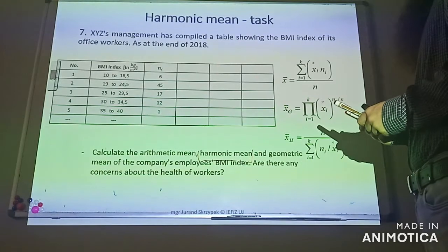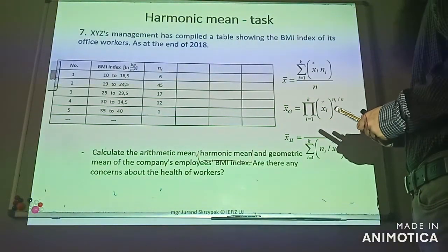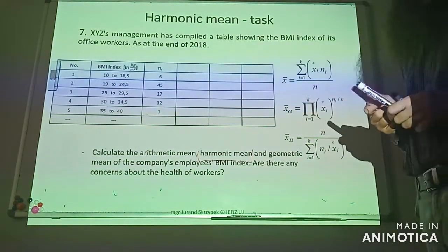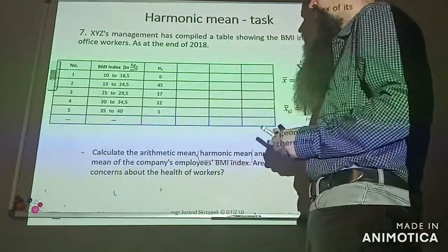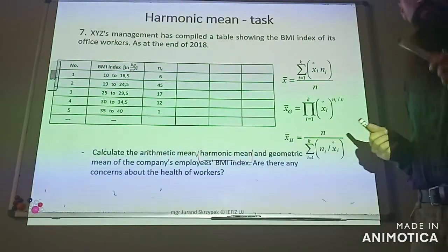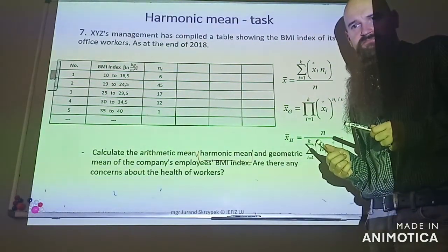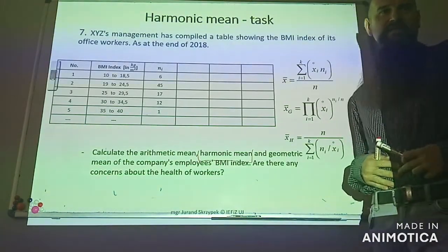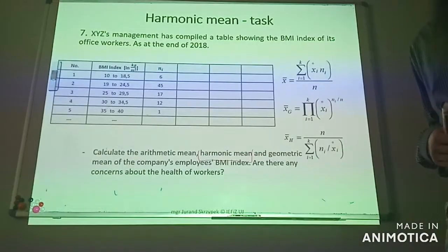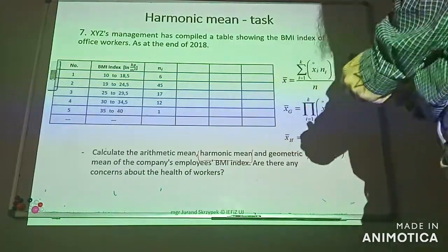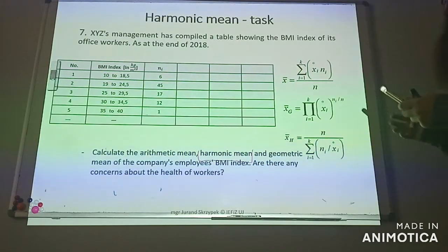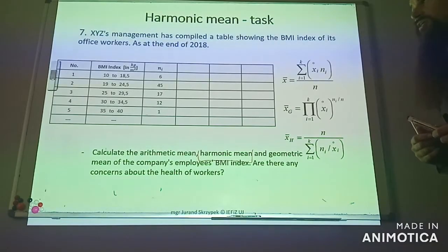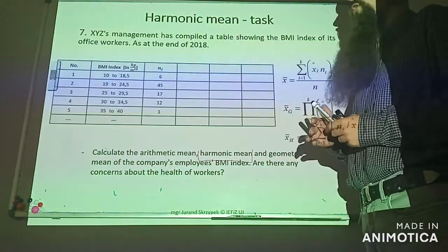XYZ's management has compiled a table showing the BMI index of its office workers as at the end of 2018. What is your BMI index? I must stress that I meet healthy standards, barely, but I do. Okay, so let's start to compute a harmonic mean of BMI index of these workers.